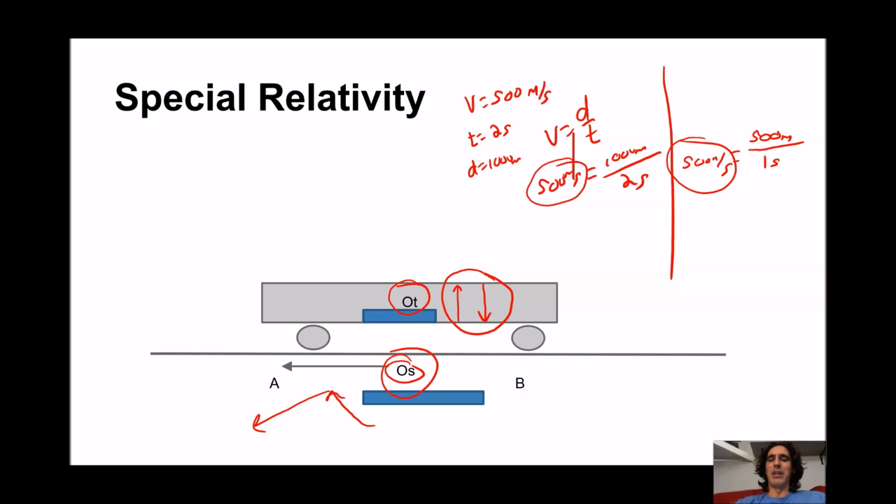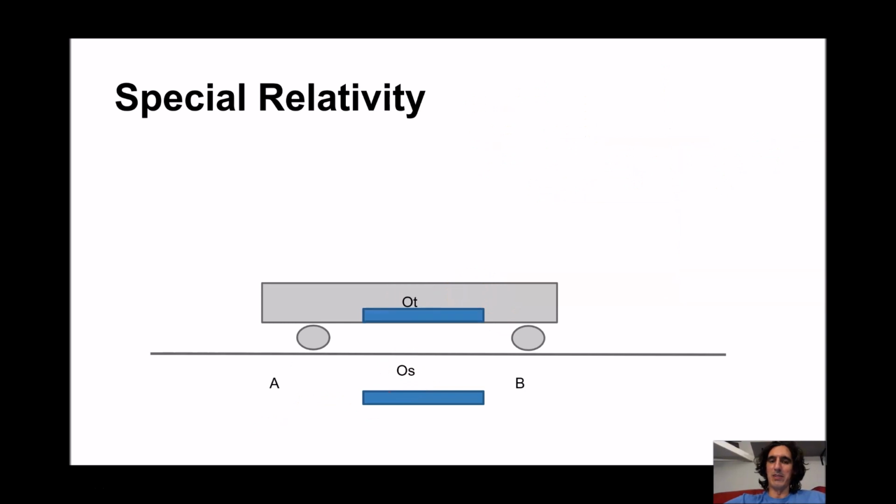So, when an object is moving, from the person's outside perspective, we can see that their time inside the train is going to slow down. So they see a longer time. The opposite holds true if we're looking at the person's perspective on the train.